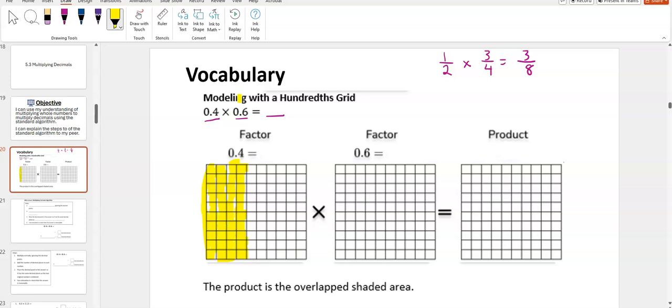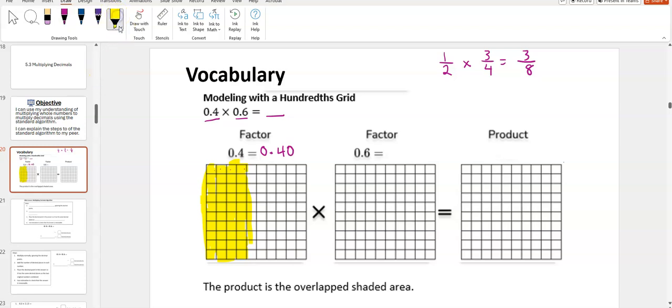So that's 4/10. I'm going to color them in nice, and you do the same on your notes. If I were to count every single little box, 4/10 is the same as 40 hundredths.